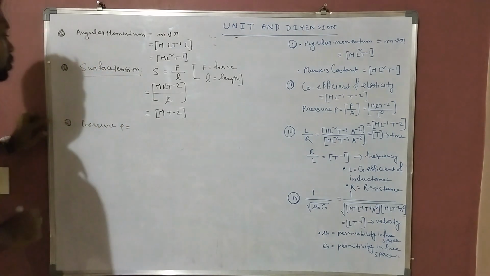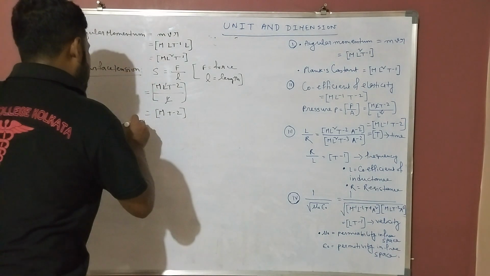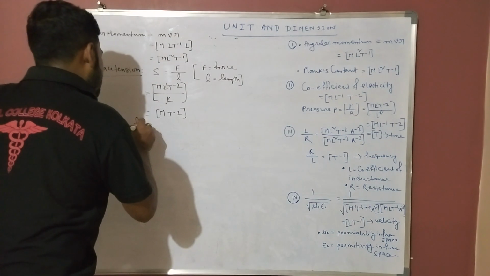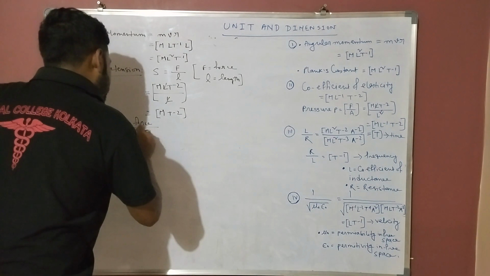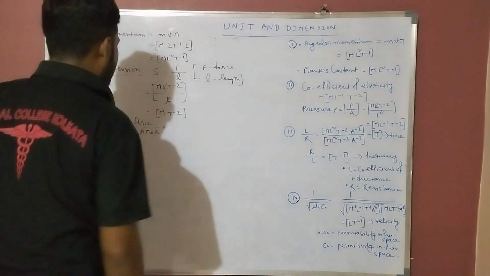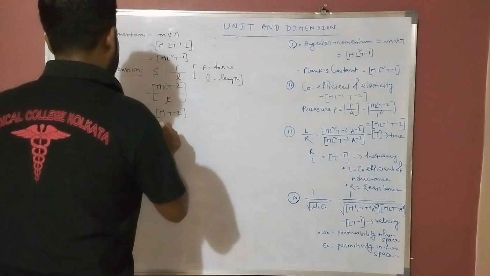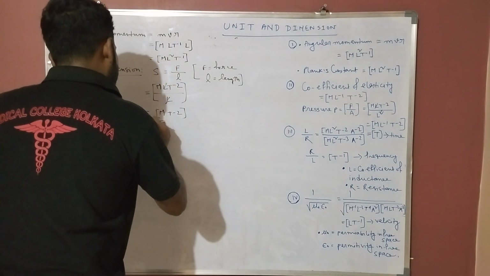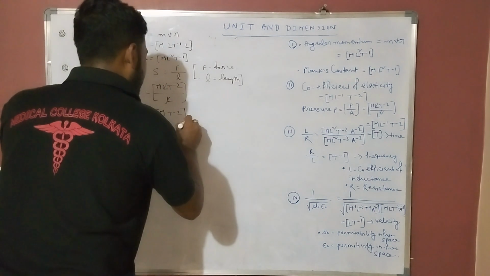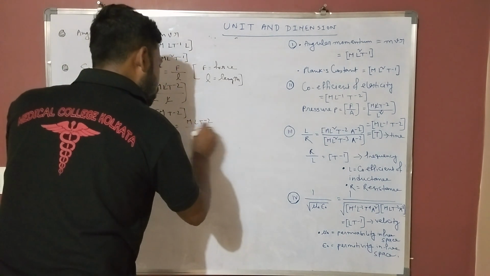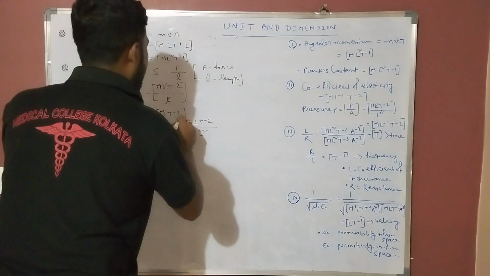What will be the dimension of pressure? Pressure P is equal to force by cross sectional area. Force has dimension m L t to the power minus 2, and area is L square.